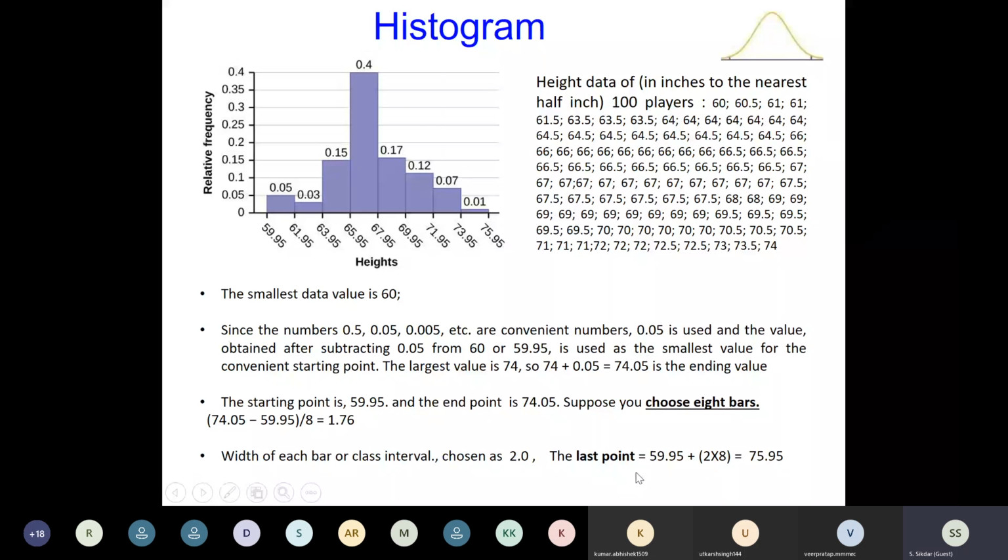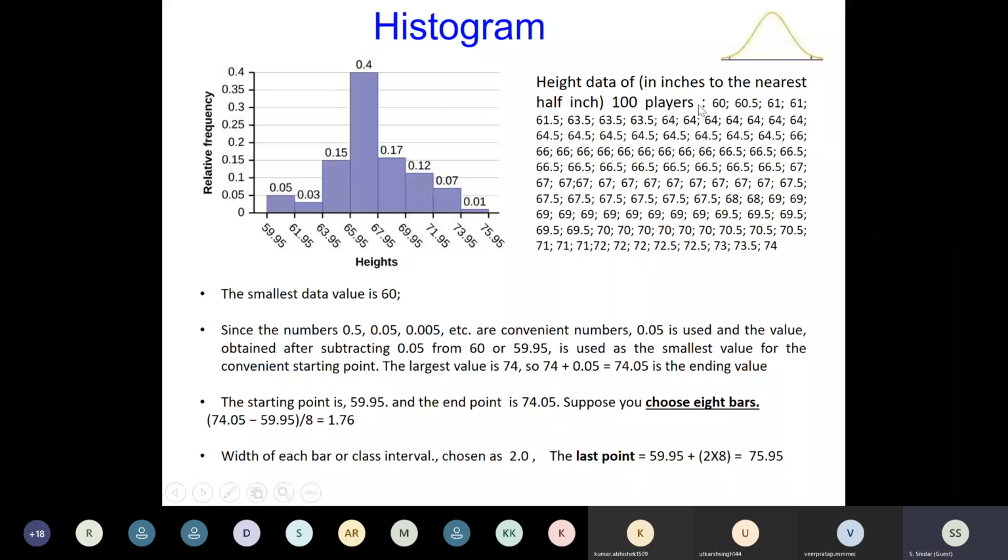So the last point is, if I take 59.95 and there are 8 bars of width 2, it would become 75.95, which is more than 74. But it doesn't matter, because in a histogram we basically want to plot how it looks.